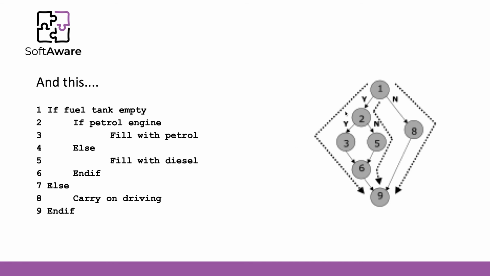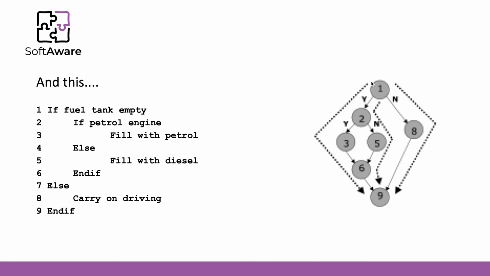So if we consider to present the diagram visually, okay, we can see that from line 1 up to line 9, we have at least 3 options for paths. And in order to address that line number 3, line number 5, and line number 8 are all executed, I have to define or design at least 3 test cases.